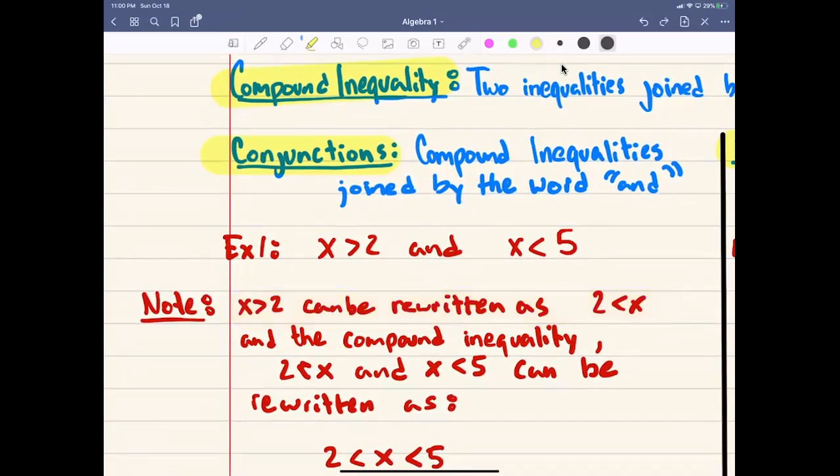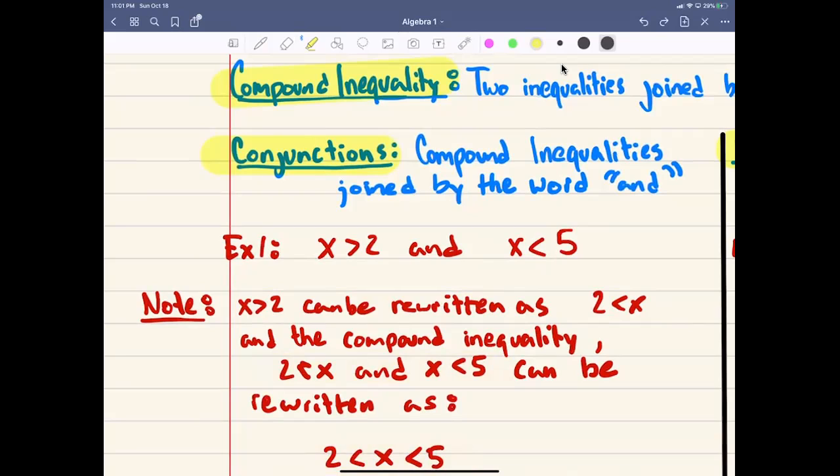And so this compound inequality can be rewritten as 2 is less than x and x is less than 5, right? Well, this is the same x. And if you take away that and in one of the x's, you end up with 2 is less than x and less than 5. So we say x is between 2 and 5, right? So x is greater than 2, but less than 5, all right?